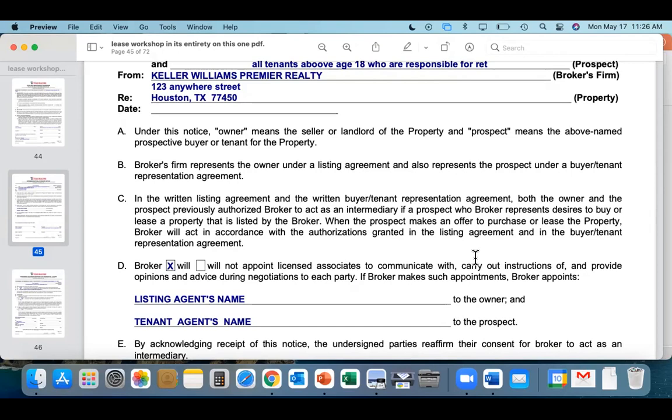So in our listing agreement, I should have put 100% instead of 50% of the month's rent? Yes, in the listing agreement, it should have been 100%. The landlord owes the brokerage 100% of the first month's rent. And then you're going to pay the leasing brokerage 50% of that or 20% of that or whatever you feel you want to pay.